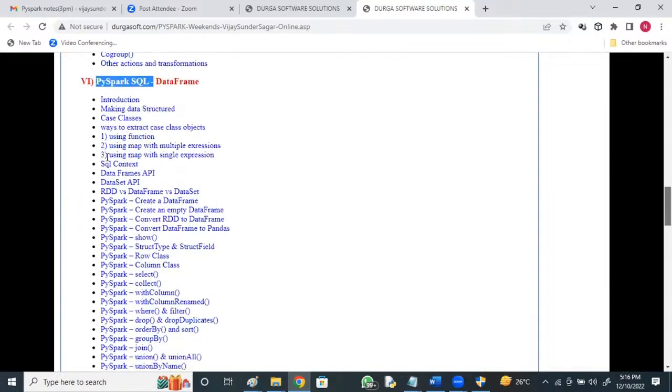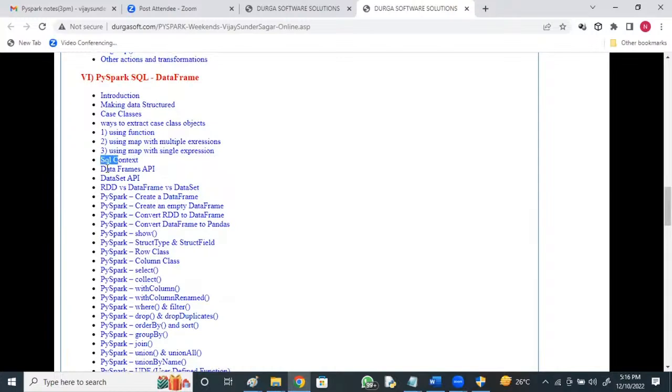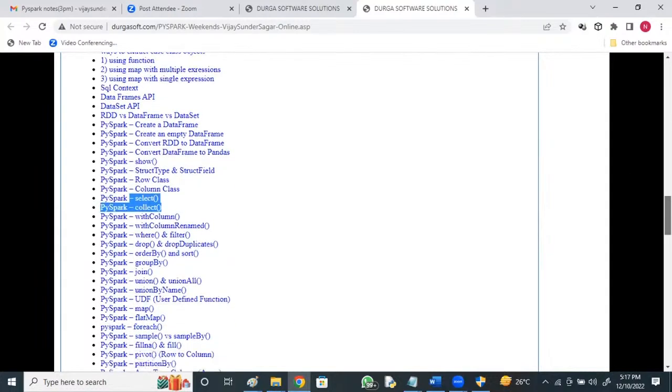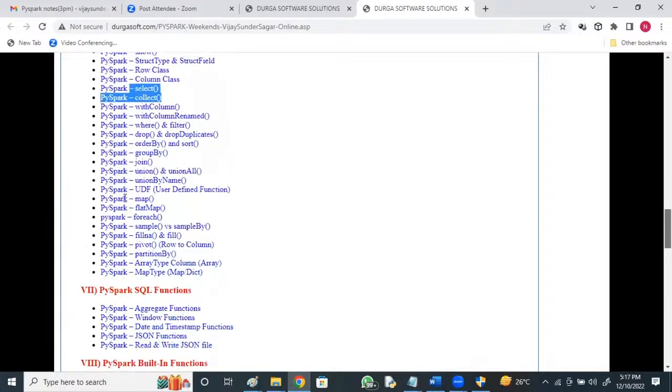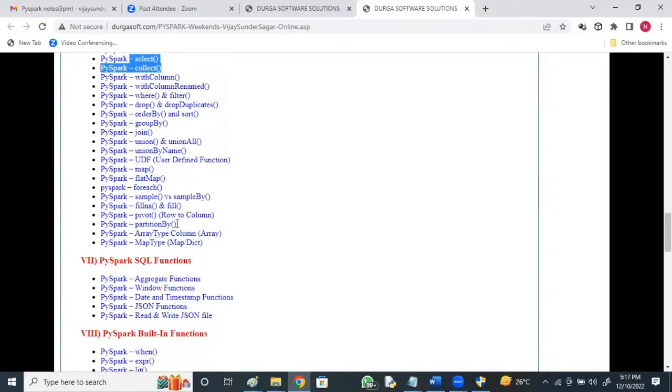And we see SQL context, the data frames API, various data frame APIs, and PySpark data frame creation, empty data frame, converting a data frame to pandas, and show, row class, column class, select, collect, withColumnRenamed, where, drop, order by, sort, group by, join, union, all right. Many UDFs are available: map, flat map, foreach, sample, pivot, partition by, all this.